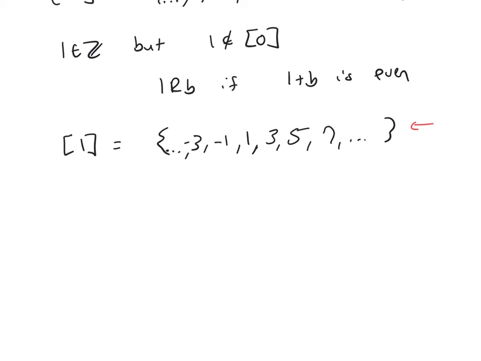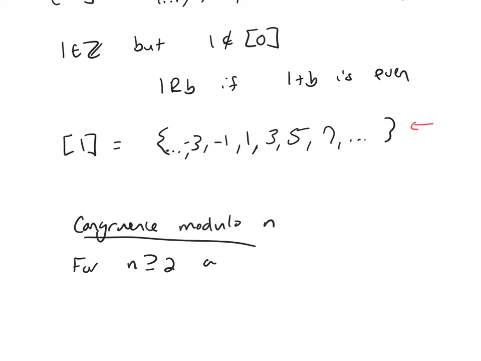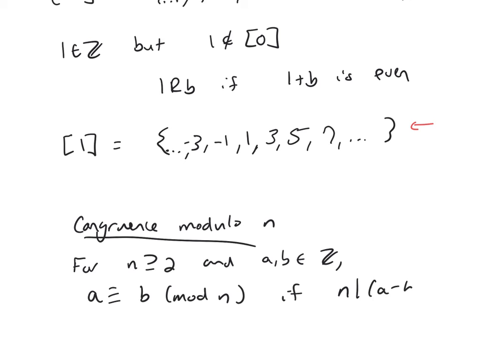Then we also talked about congruence modulo n. For n greater than or equal to 2 and two integers a and b, remember that we defined a is congruent to b mod n if n divides a minus b.